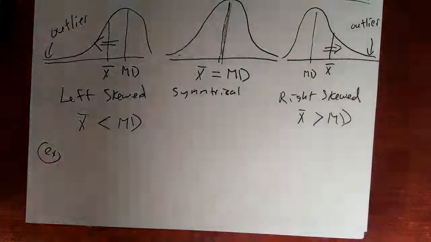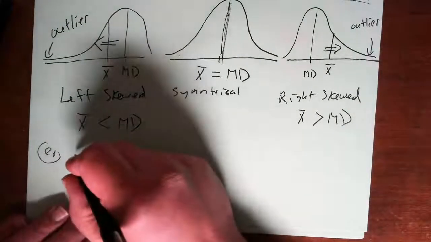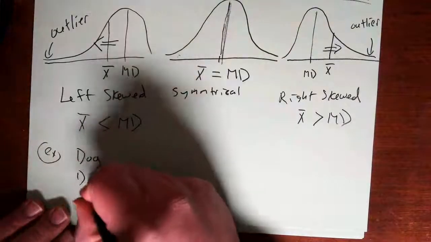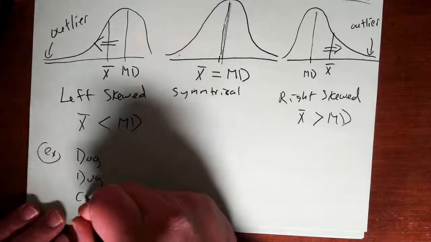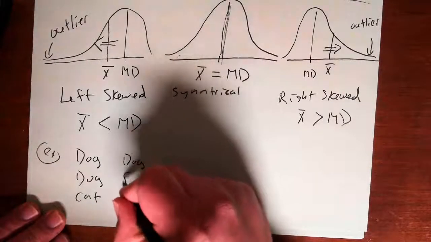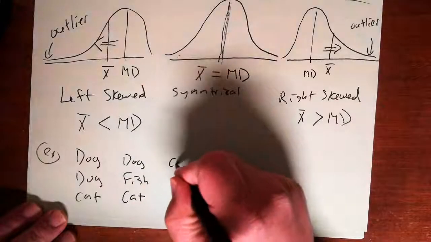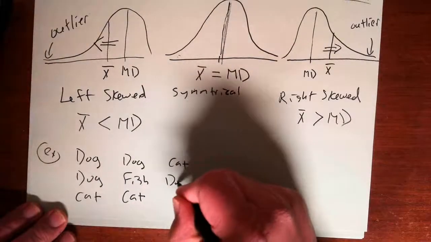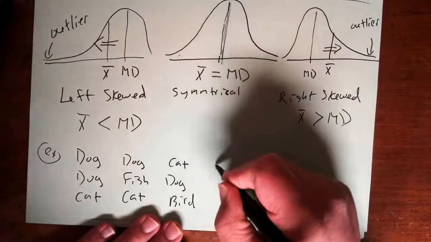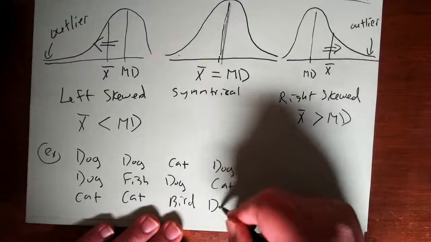So let's say I take a sample of people that have pets, and one has a dog, another one has a dog, one has a cat, someone else has a dog, someone has a fish, someone has a cat, another person has a cat, and a dog, and a bird. And let's say someone else has a dog, a cat, and a dog.